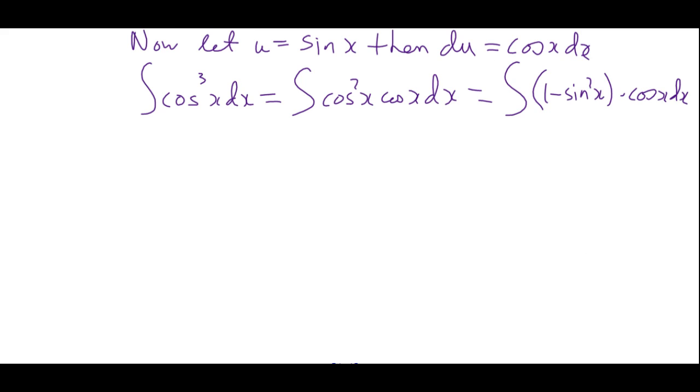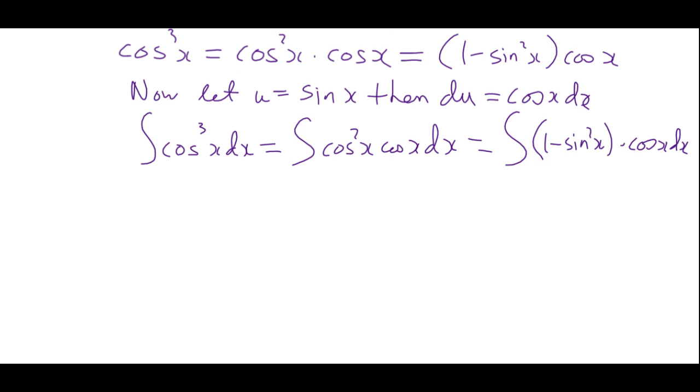Which is equal to 1 minus u squared and cos x dx, that's just du. And this is easy to do, right? It's just equal to u minus 1/3 u cubed plus c.